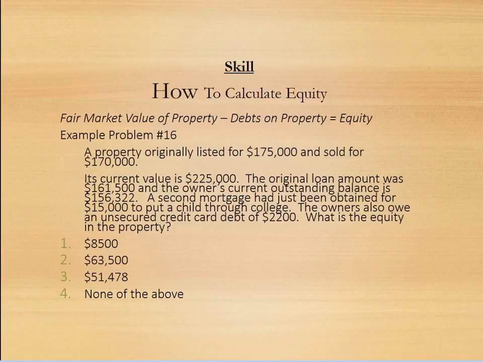A second mortgage had just been obtained for $15,000 to help put a child through college. The owners also owe an unsecured credit card debt of $2,200. So what's the equity in this property? And it's a good idea, as usual, to pause the presentation and try to calculate this yourself. As a special hint, there are a few numbers thrown in here that you can go ahead and ignore. Can you figure out which ones they are?